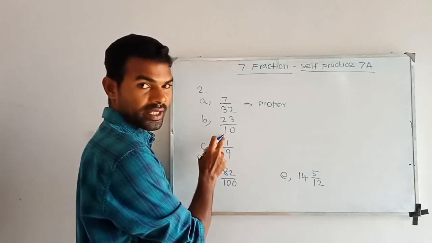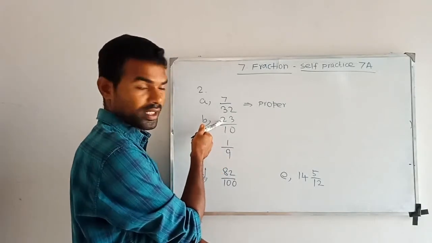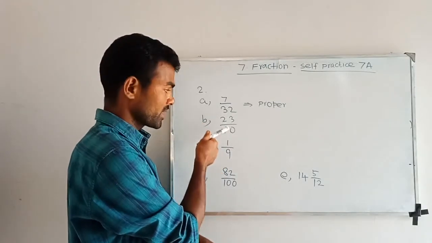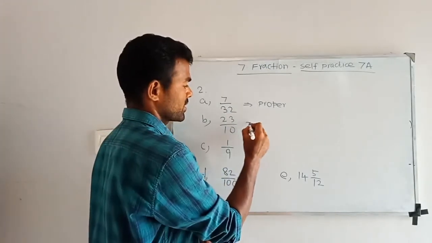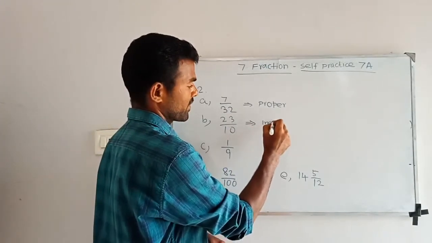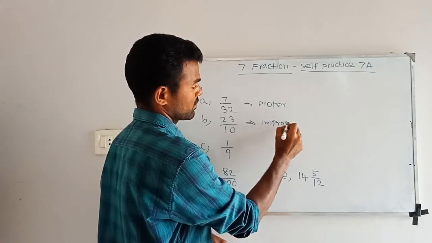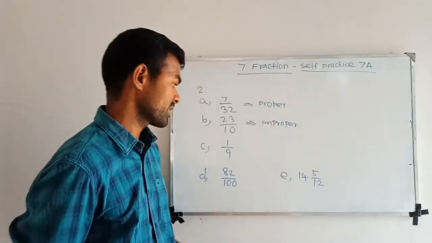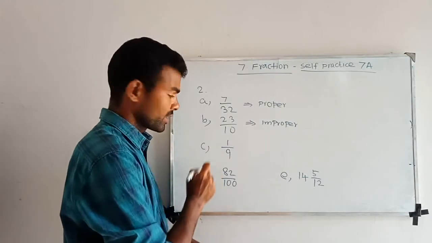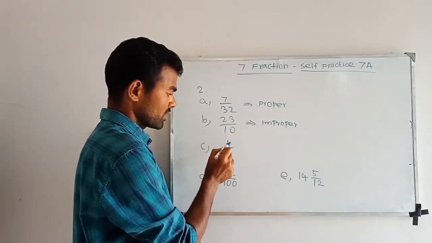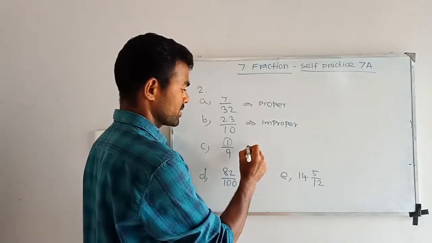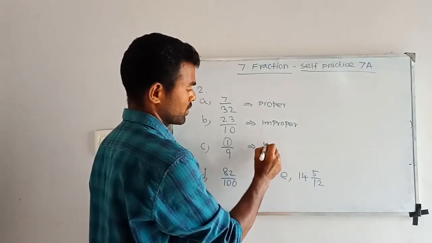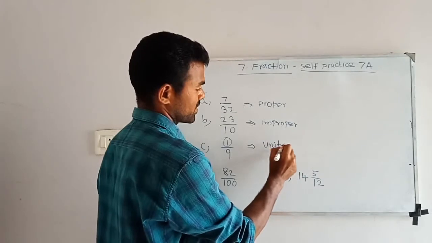And 23 by 10: see, the numerator 23 is bigger than the denominator, so it is an improper fraction. 1 by 9: see the numerator, it is 1. So what kind of fraction is this? This is the unit fraction.